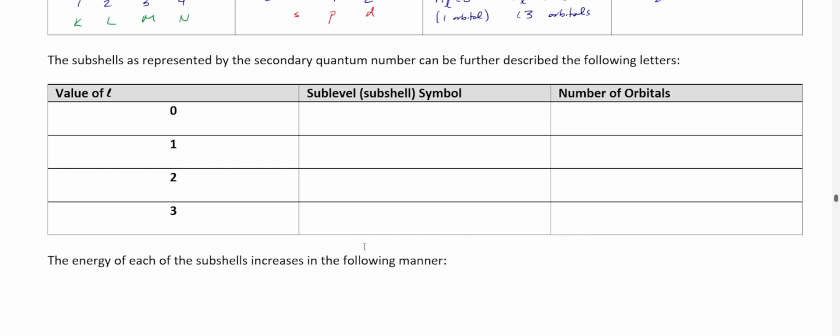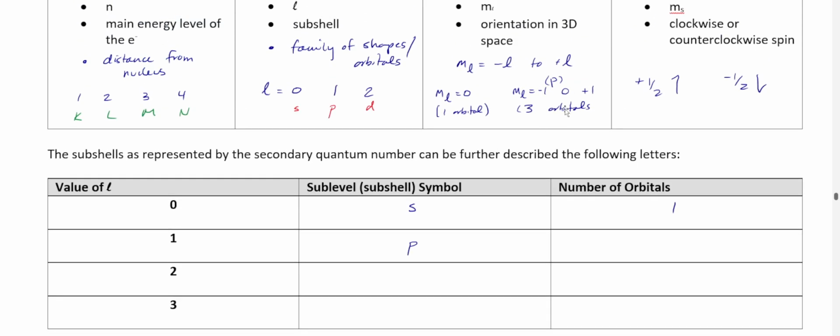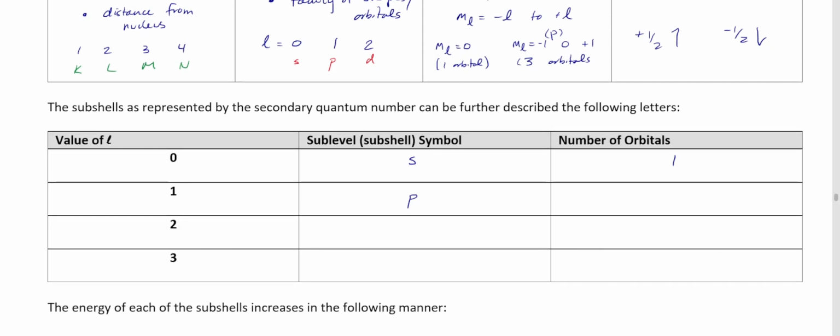The subshells can be represented by the secondary quantum number and can be further described by the following letters, right? So 0, we've said this already, is given by S. It's the S family. And how many orbitals are in the S? Well, just 1, because there's only one possible orientation in 3D space. 1 is P. Remember that the P subshell can have 3 possible orientations in 3D space, so we have 3 orbitals.